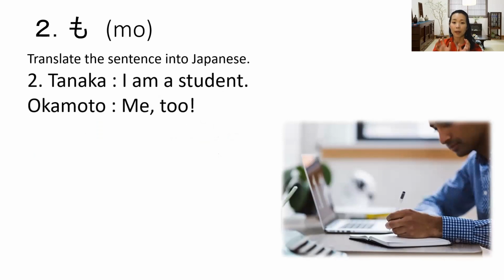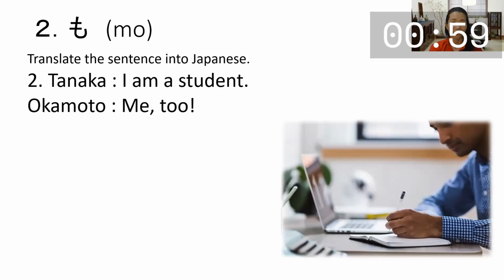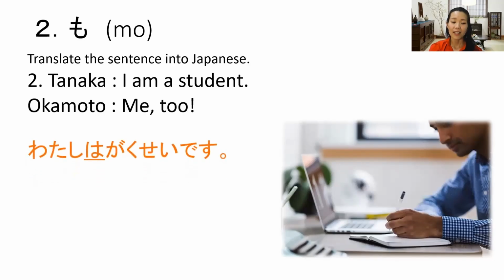Second sentence. Two people are having a conversation. Tanaka said, I am a student. And Okamoto said, me too. How would you say that? That would be 私は学生です。So that means I am a student. Then Okamoto said, me too.